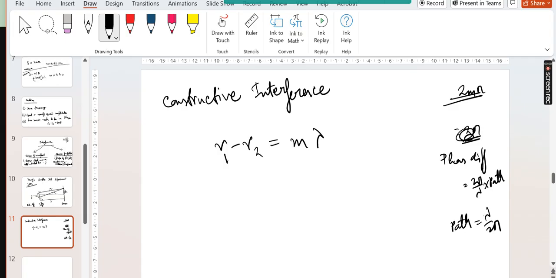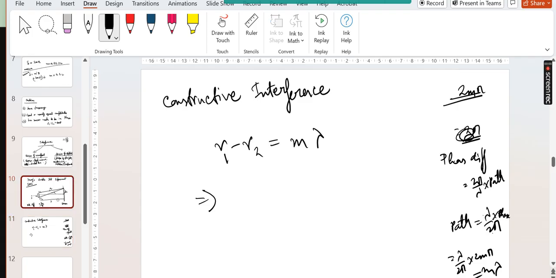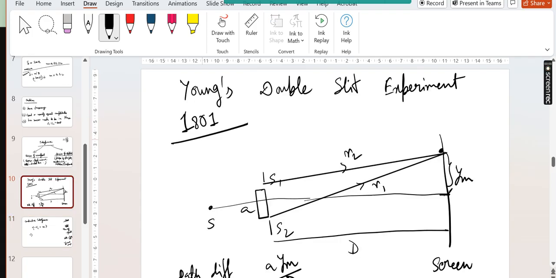So path difference is lambda by 2 pi into the phase difference, which is lambda by 2 pi into 2m pi, that is m lambda. And this R1 minus R2 is basically this distance.